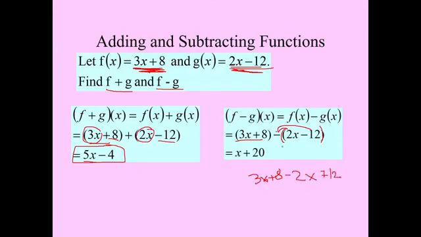Take note, negative times negative is positive. So 3x minus 2x is x. Positive 8 and positive 12 is positive 20. And this is now the difference of the 2 functions.